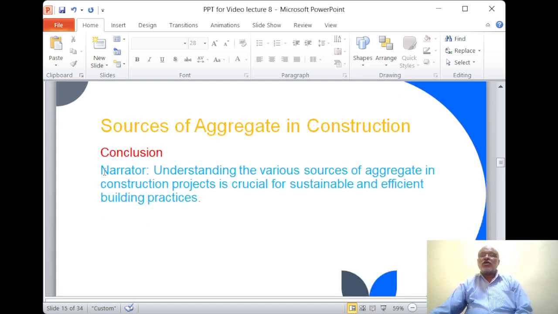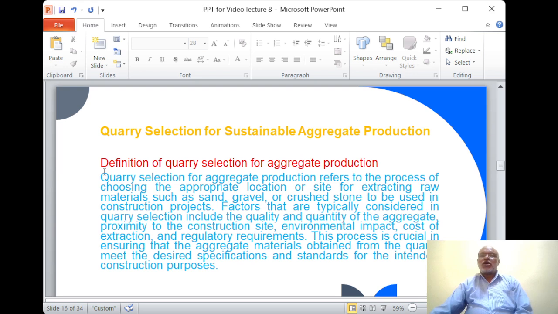Now let's see the quarry selection for sustainable aggregate production. Quarry selection for aggregate production involves choosing a suitable site for mining materials like gravel, sand or crushed rock to be used in construction.